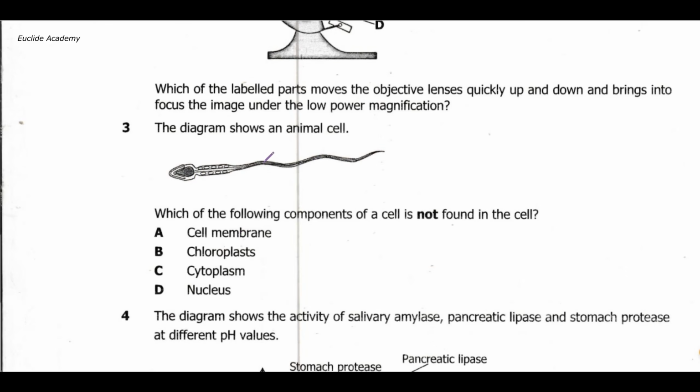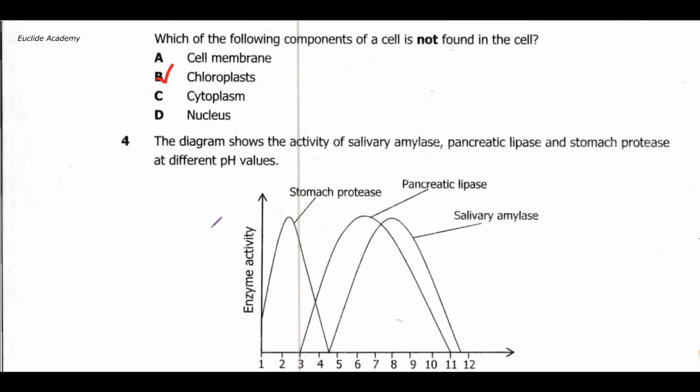Cell membrane: this is an animal cell, and basically all cells have cell membranes, so it does have one. Chloroplast. Cytoplasm, it does have a cytoplasm. Nucleus, it does have a nucleus. But it doesn't have chloroplast, because chloroplast has to do with green plants. So the answer was B, which is not found in there.